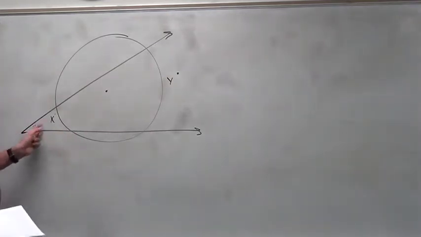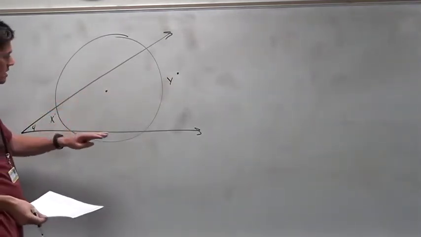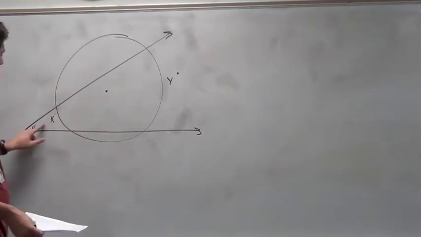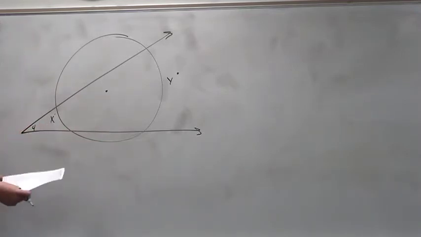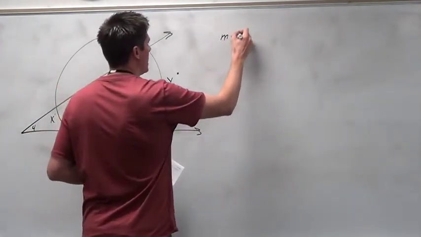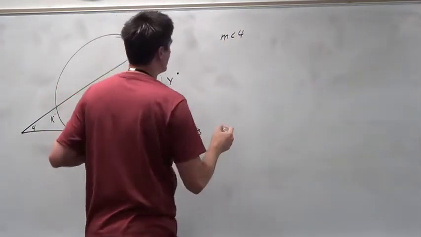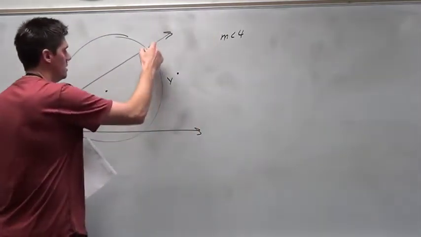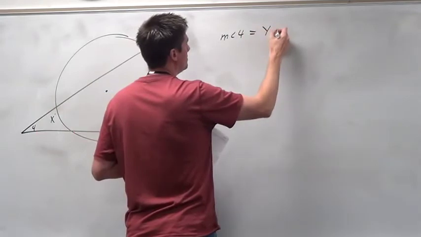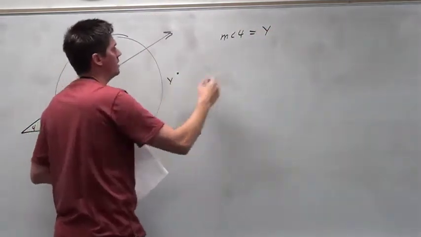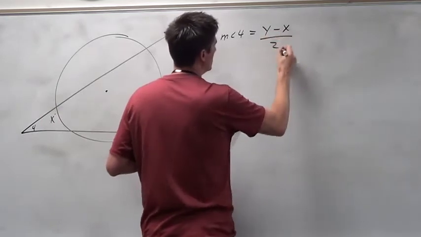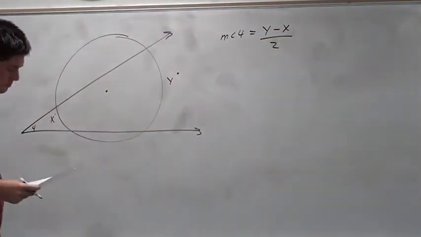It's the same thing. It doesn't matter if it's 2 secants, or a tangent, or 2 tangents. As long as the angle that you're looking for is outside of the circle, it's the same formula. The measure of the angle, which in this case is angle 4, you take the bigger of the arcs first, so this arc y minus the smaller arc x, and then we divide by 2.